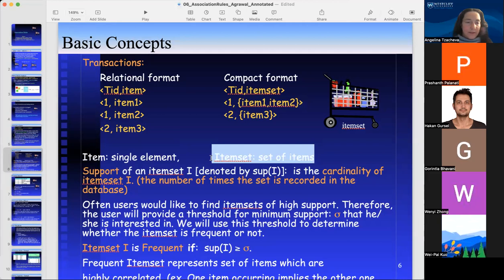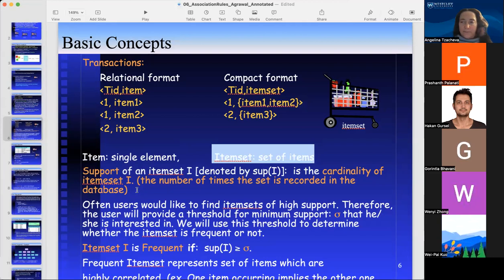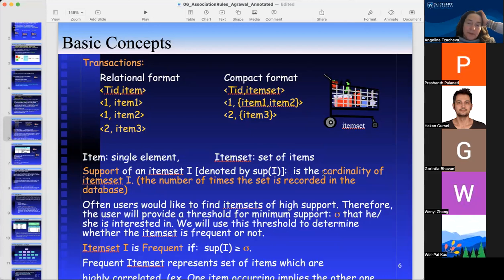The support, like we said, is how many of those do we have in our database? Is it 3 or 5 or 100, or is it 100% that exists in every single transaction? So support is the cardinality of the item set, the number of times the set is recorded in our database.